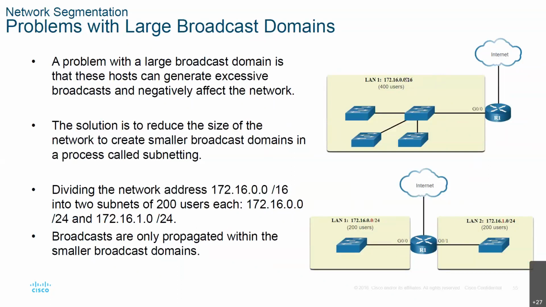You see, this is 16 bits network, 16 bits host. Now I take 8 bits from the host and make this 24. So now I have taken this and subdivided it into 2 subnets.